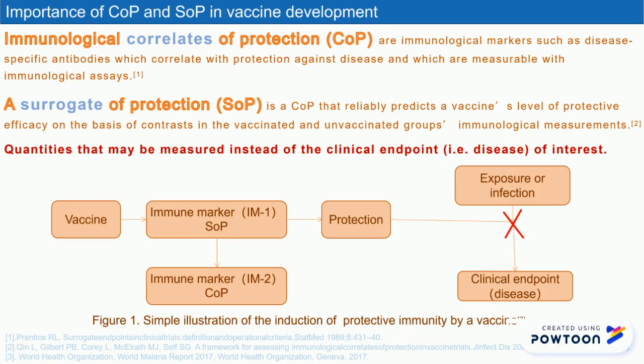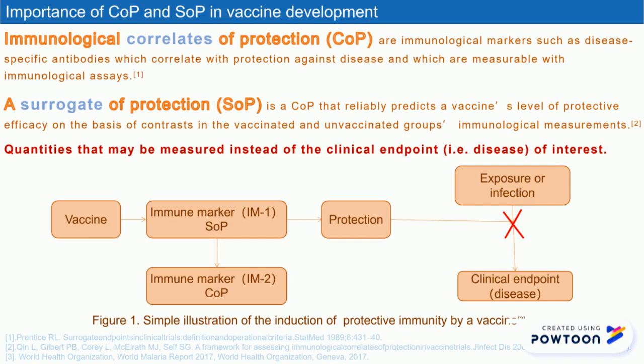There is generally a negative correlation between it and the clinical endpoint. That is, the higher the level of the immunological indicator, the lower the probability of the corresponding clinical endpoint event.